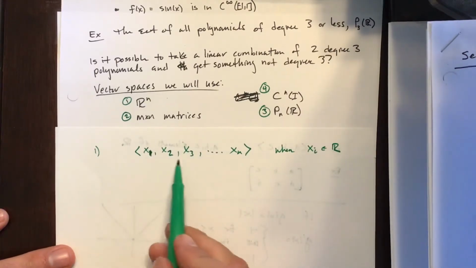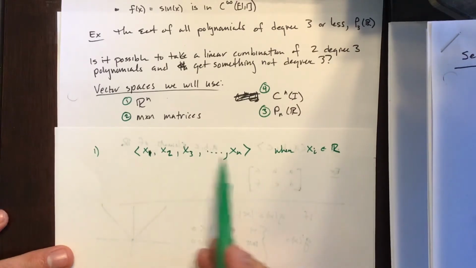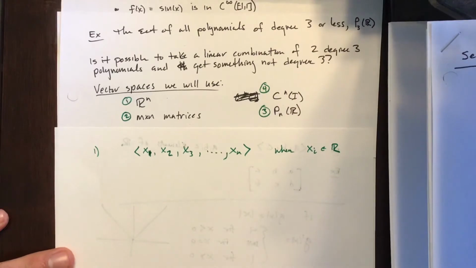So you have 1, 2, 3, 4, up to n components of the vector. Each one of those components is a real number. And that's what a generic element in Rn looks like.